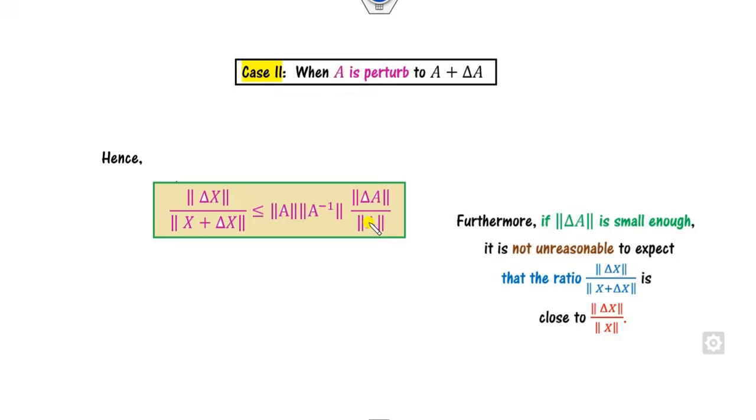What is the meaning of that? It means if we take delta A, that is the change in the matrix A, to be very very small, then it is not unreasonable to expect that this ratio is also close to the relative error. You can't say that. So what is the conclusion?